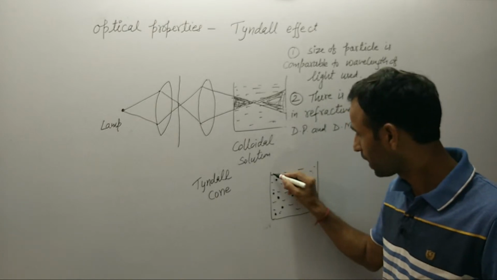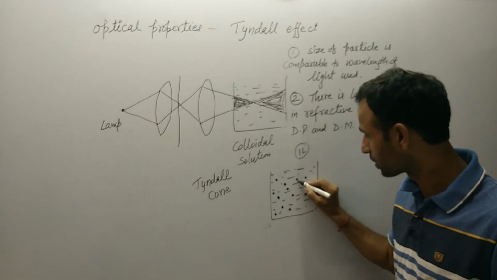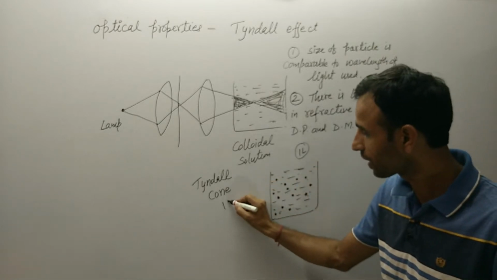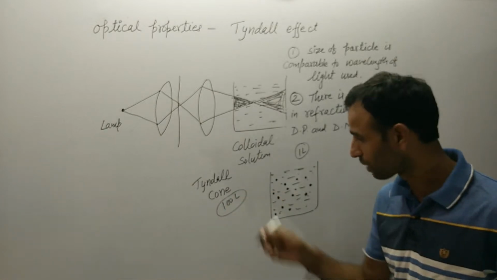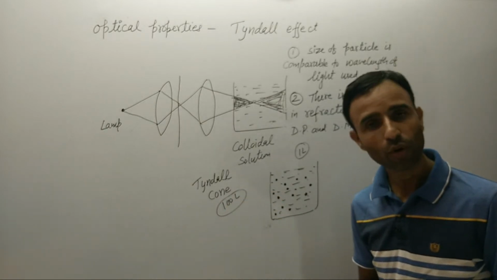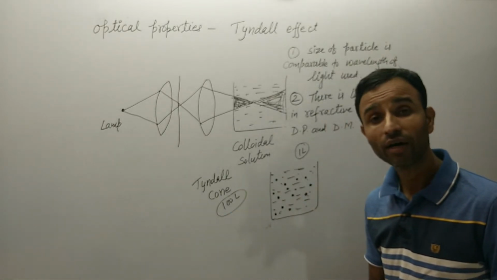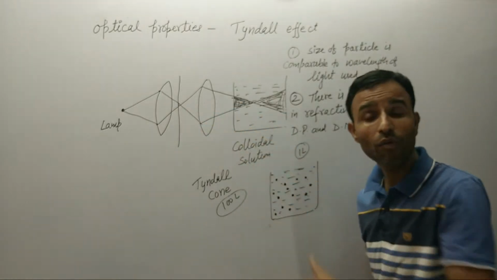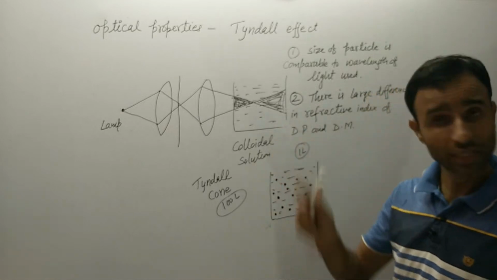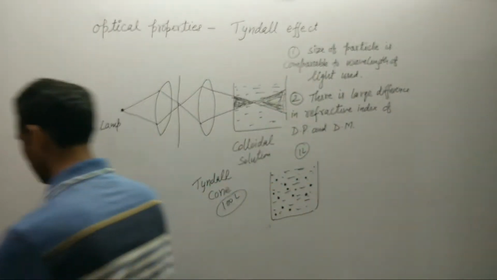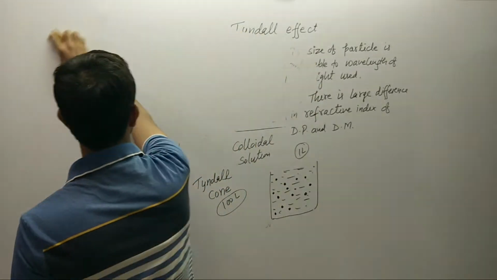So if we have a volume of 1 liter and we counted the particles, then how many particles are present in 100 liter we can calculate. Just multiply it by 100. So this is the principle of the ultramicroscope, the Tyndall effect. Okay. This is the importance of the Tyndall effect actually.